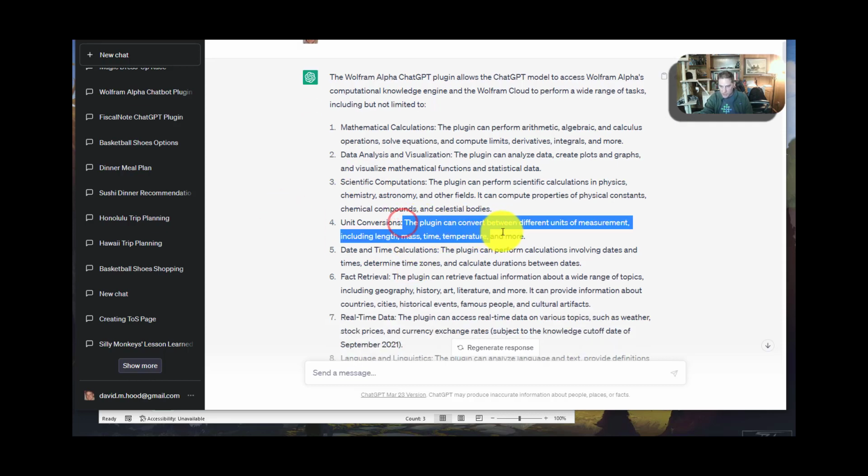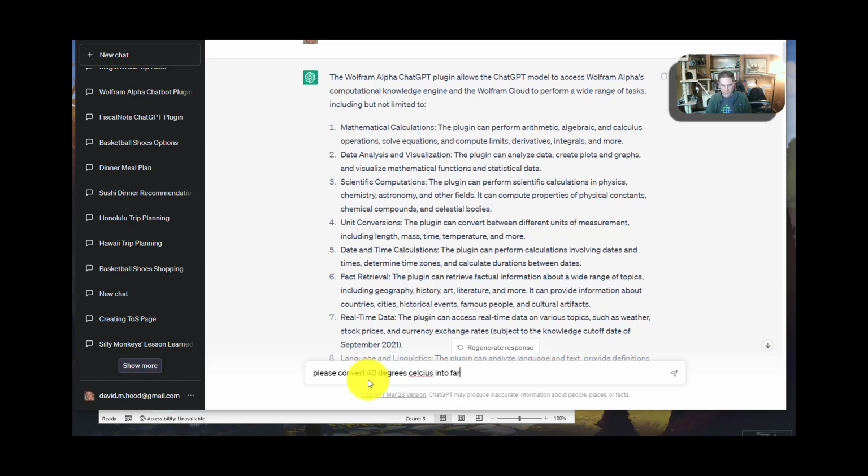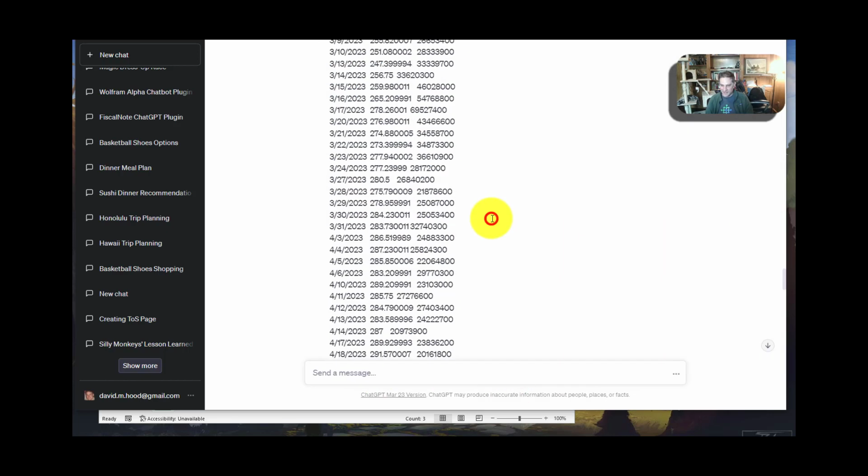Unit conversions. Okay, well, somebody told me that it was, please convert 40 degrees Celsius into Fahrenheit. I don't know how to spell that. I don't remember how, I'm sure that's wrong. Alright.